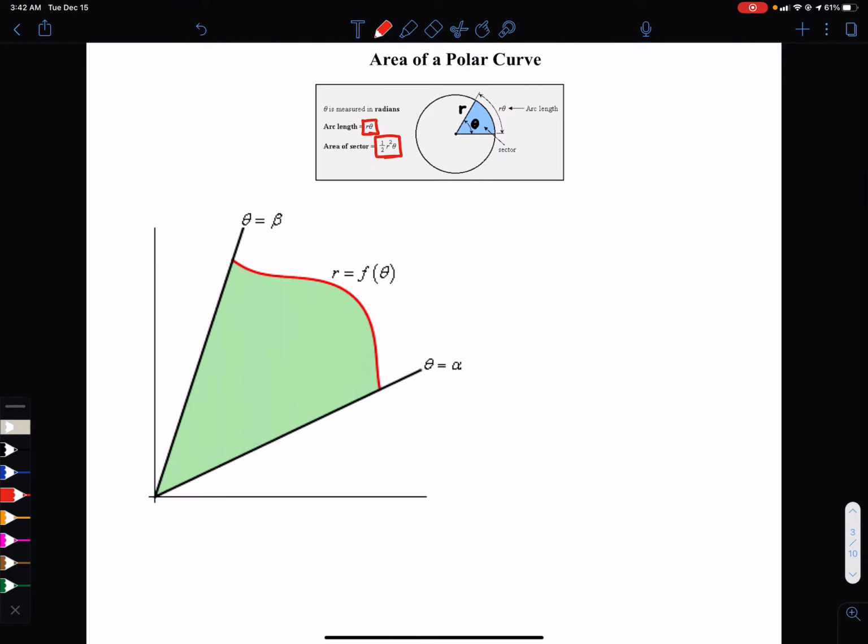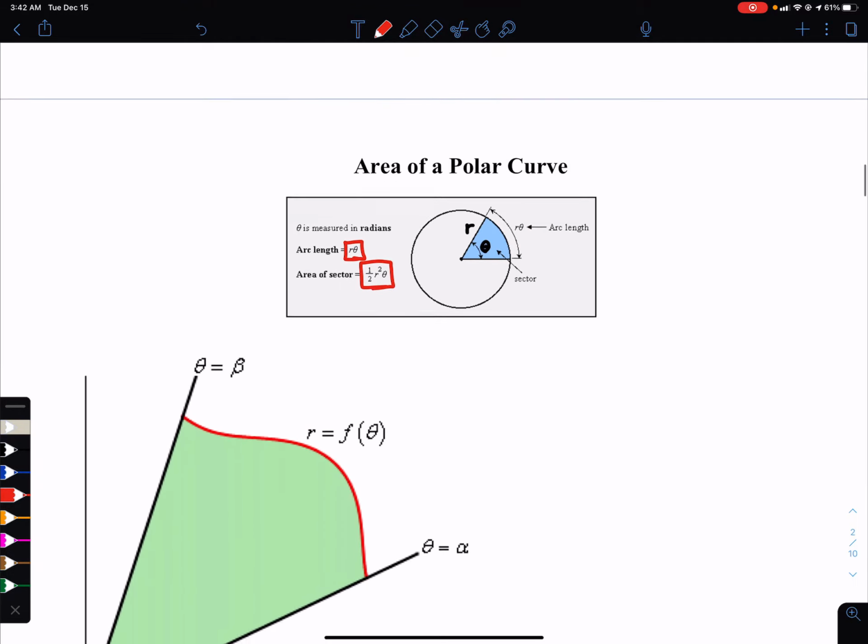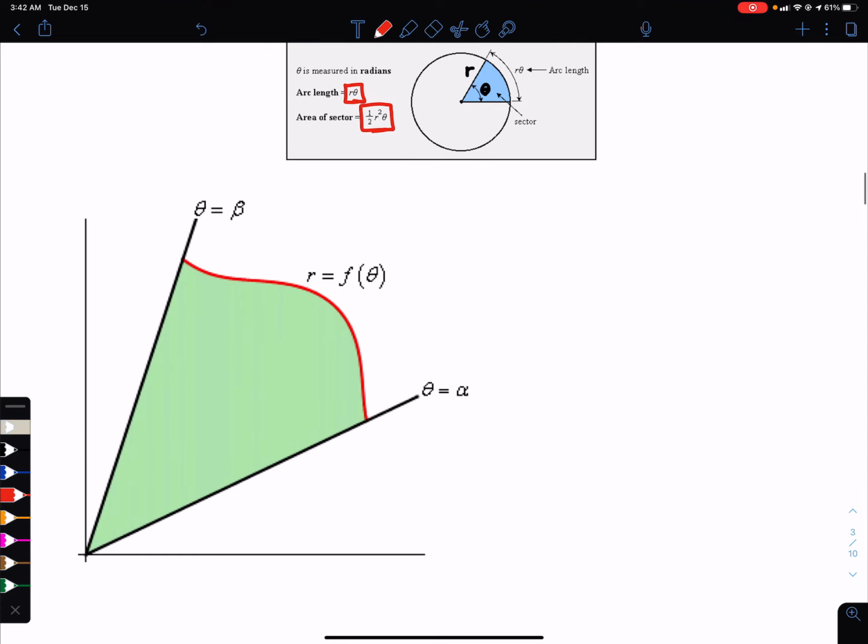So what's weird about polar graphs, finding areas, the way that they're formed, if you remember, you're going to plot a bunch of points. And you're going to create a curve that way. So it's created by angles. Angles form these. So what happens from this angle, let me change the color of that. We'll go golden.